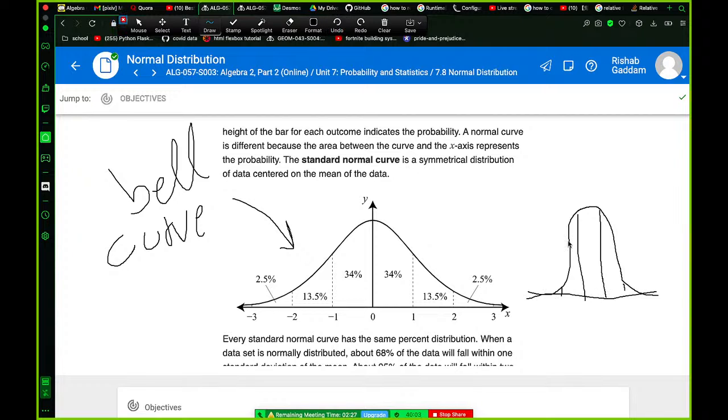Basically, there's a certain number where most people are around that number. So this is the standard deviation. The standard deviation is 1 because that's where about 34% of the people are.